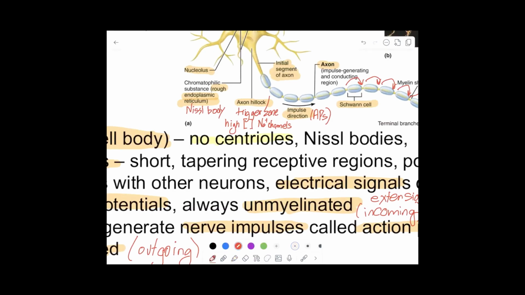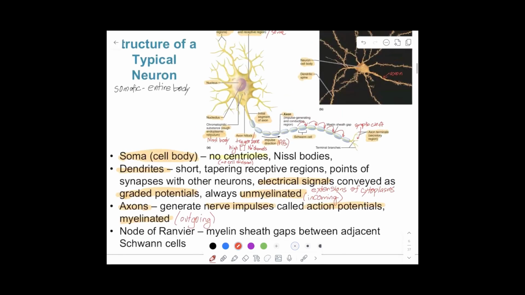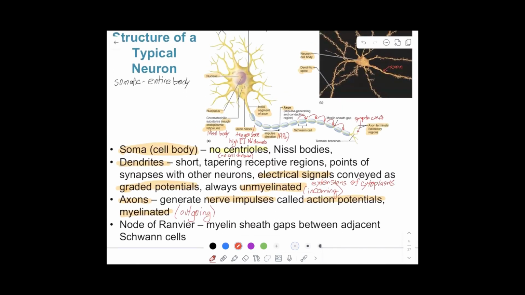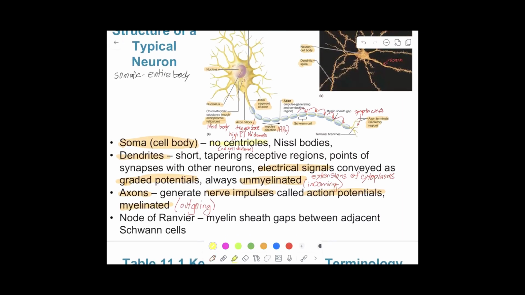This means that there is no cell division. This is why neurons cannot reproduce.